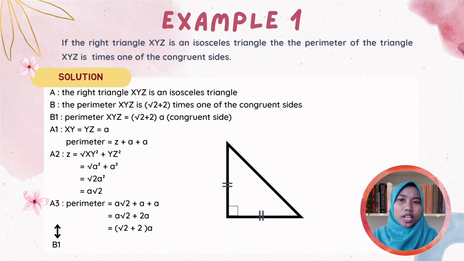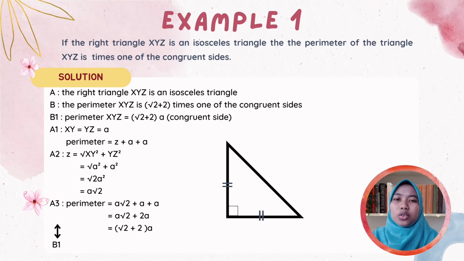Okay, example 1. If the right triangle XYZ is an isosceles triangle, then the perimeter of the triangle XYZ is open brackets square root of 2 plus 2 close brackets times one of the congruent sides. So, to prove this proposition, we can use analysis of proof.